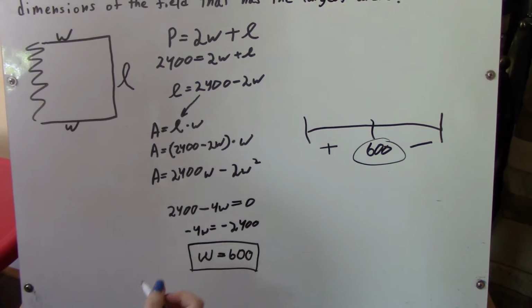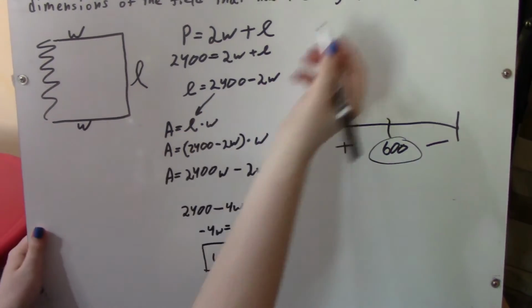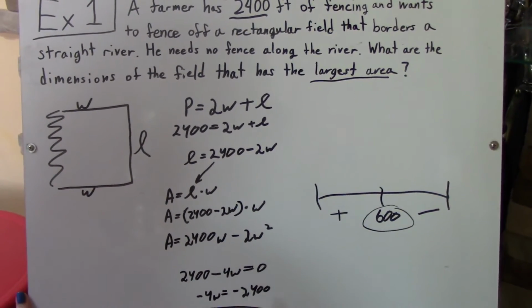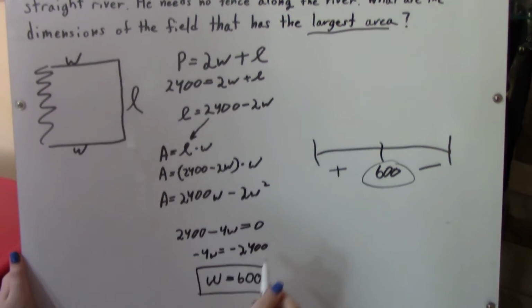To find our absolute maximum, because it's asking for the largest area, we're going to plug in 600.